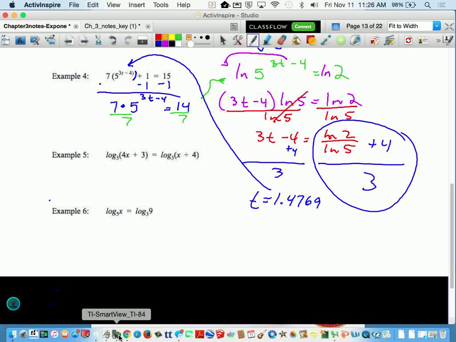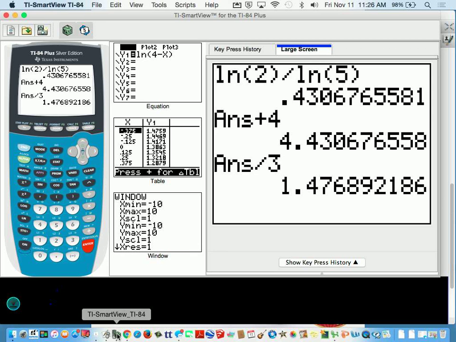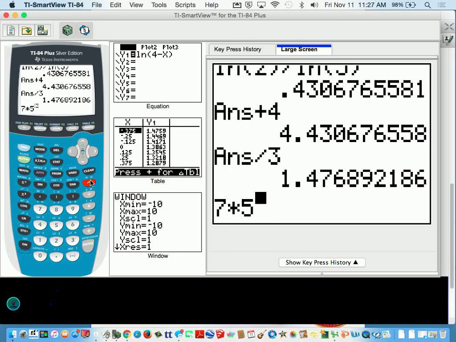So when I get ready, can somebody read that to me? So it is 7 times a base of 5 that gets raised to 3. I'm just going to hit second negative because it'll put that last answer right there. Second negative, minus 4.